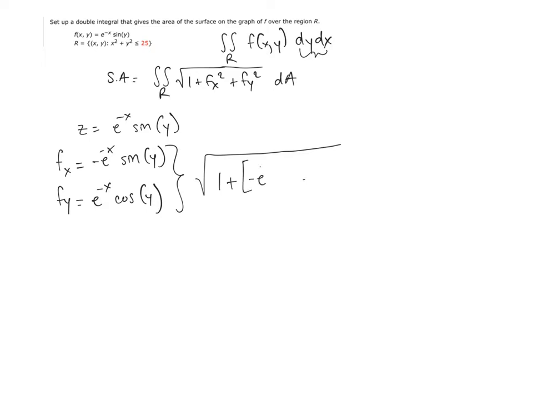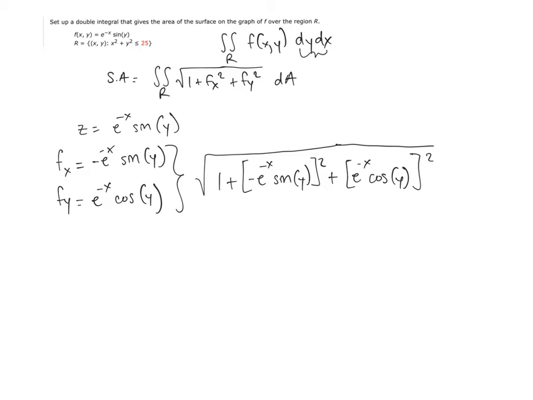negative e to the negative x sine of y, squared, plus e to the negative x cosine of y, squared.